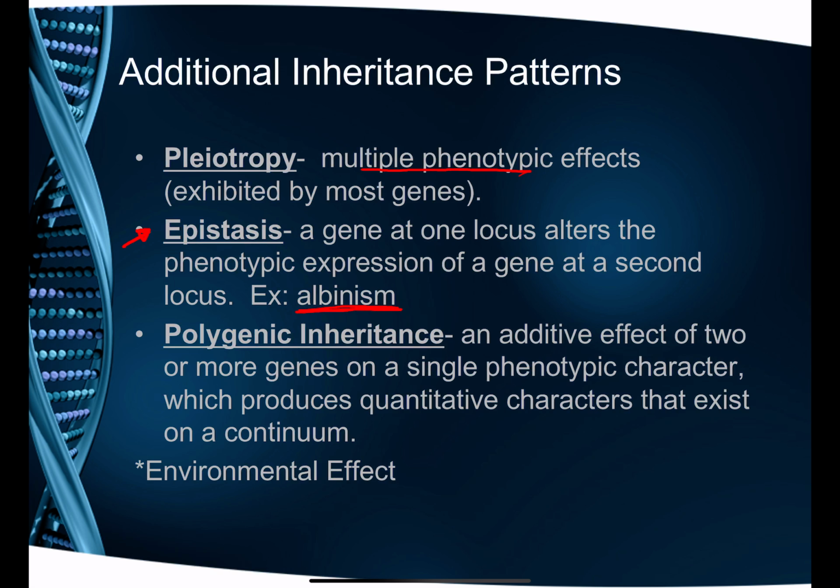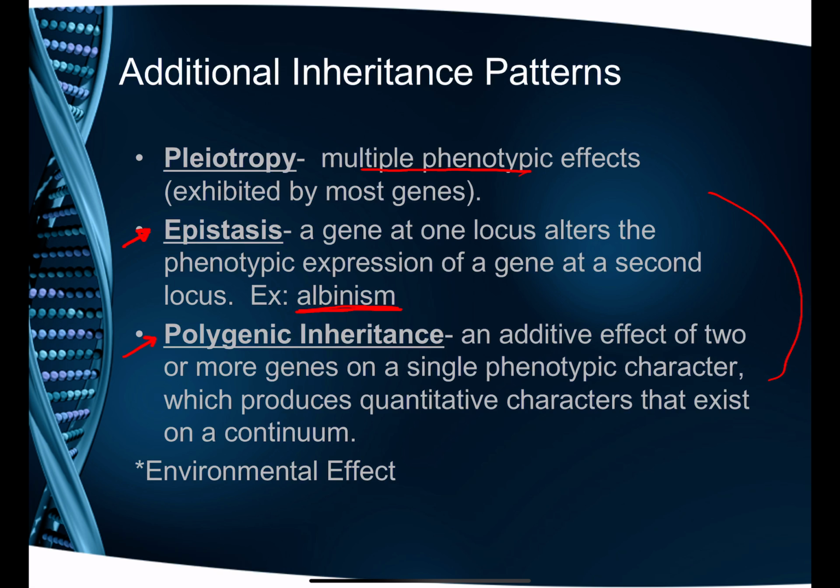And then polygenic traits. And that also goes back to the pleiotropy too, that you have multiple phenotypic effects because you have many genes involved in a trait, and so you have a continuum. Not just one phenotype, okay?